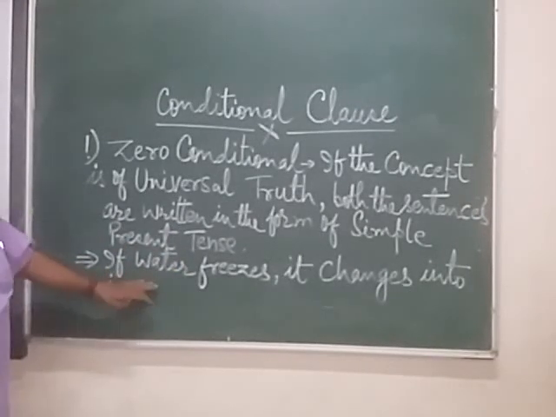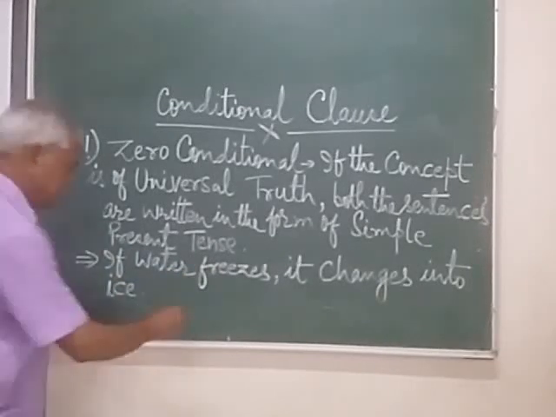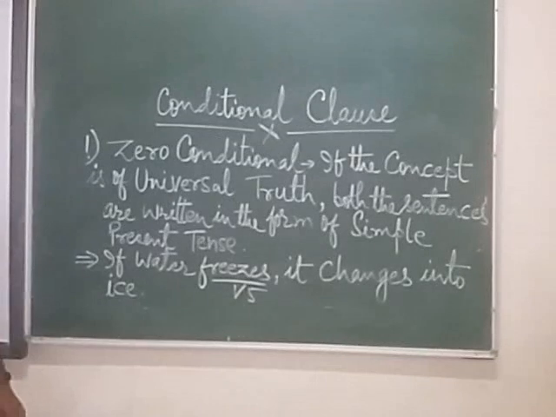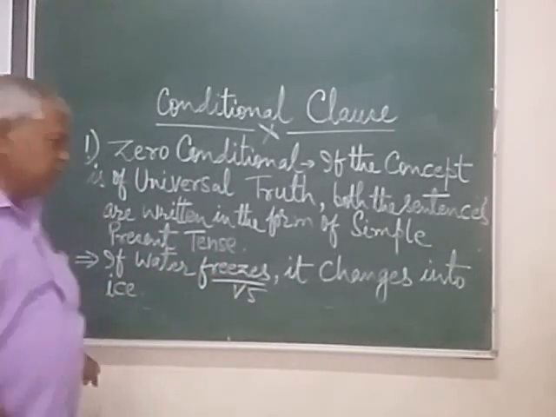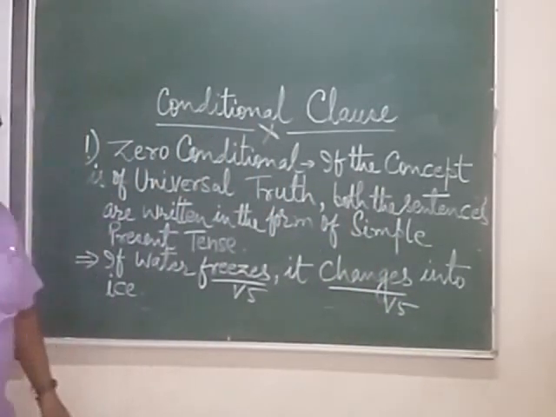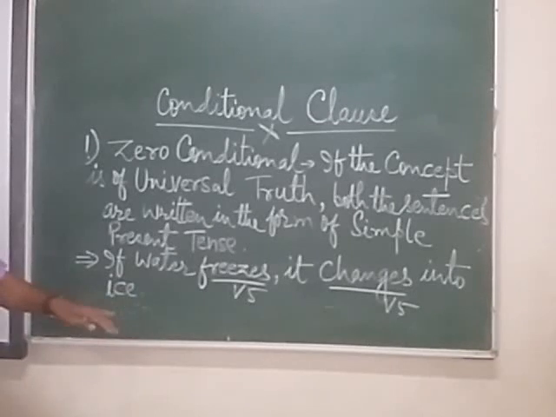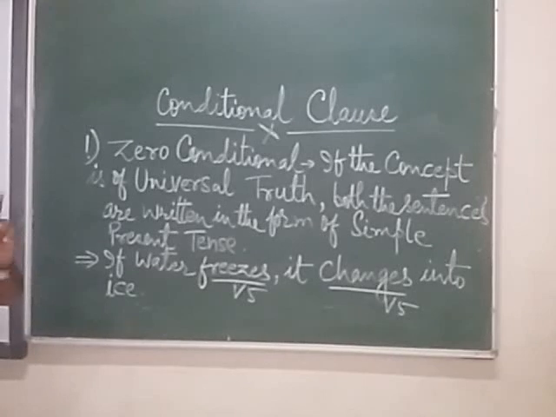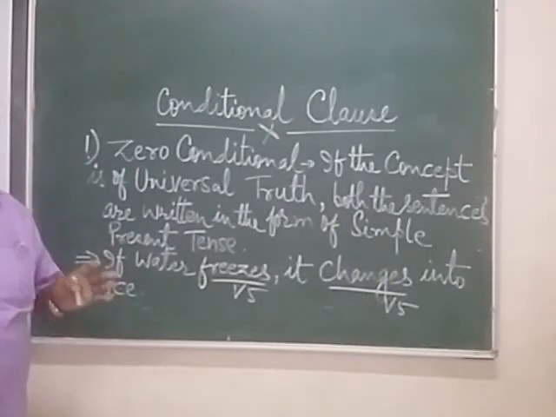So in "if water freezes", this is V5, and you know that V5 is used in the simple present tense. Then the next sentence, it changes into ice. Here "changes", the V5 form, is used. So universal truth sentences are always written in simple present tense.